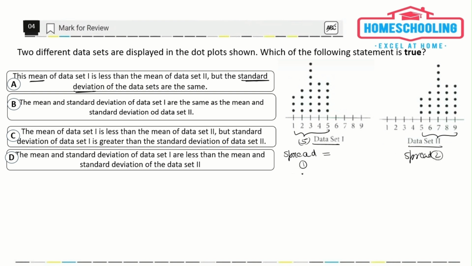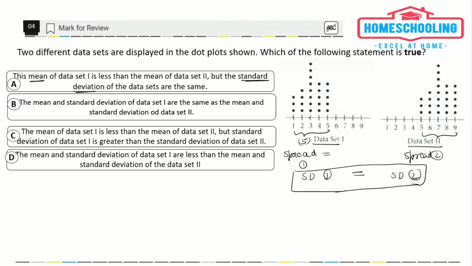So if the spread is equal, the standard deviation of data set 1 is equal to the standard deviation of data set 2. So we have found the relationship in standard deviation. This one is important. Now we have to find the mean.